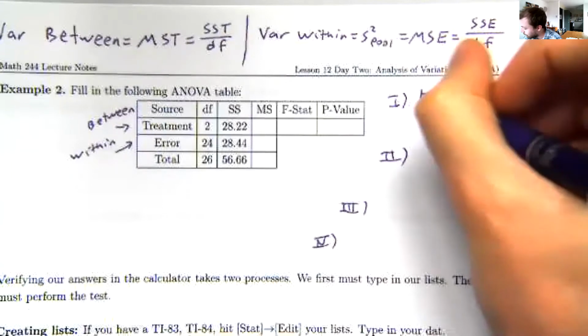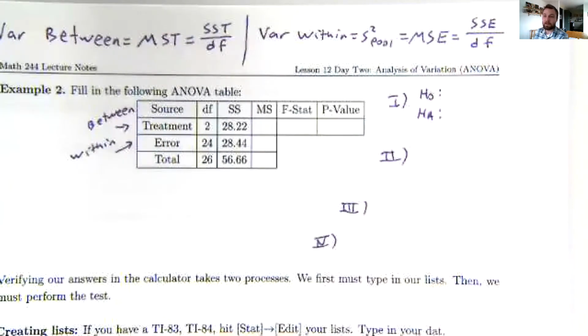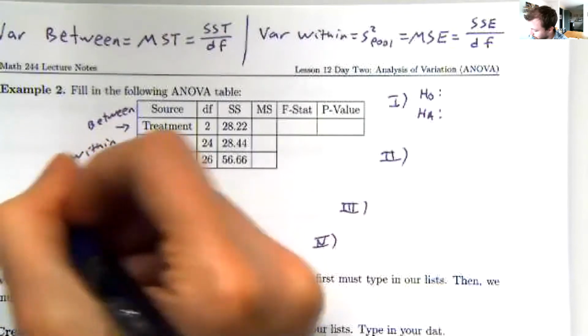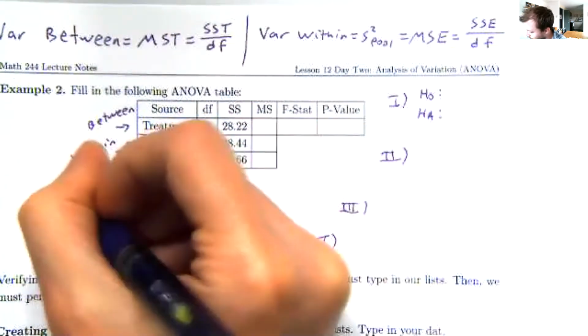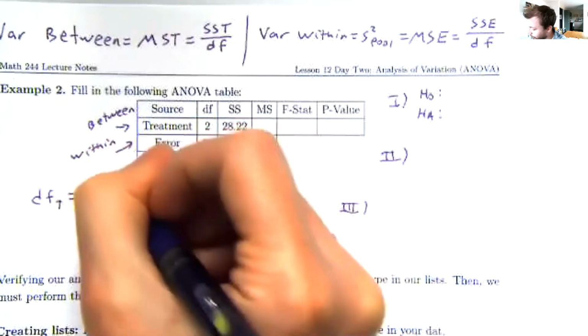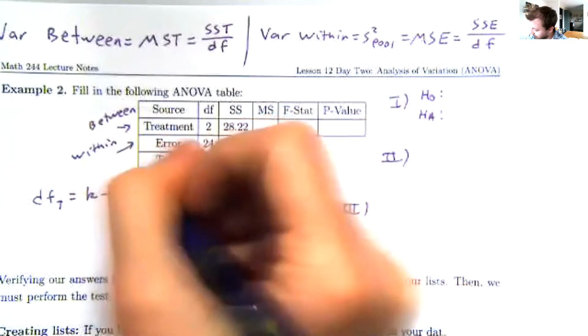So if I was thinking of what this would look like as a hypothesis test here, first step, I would have my null and alternative hypothesis. First thing I might be curious is, how many groups do I have? Well, the degree of freedom between my groups for the treatment is the number of groups minus 1. And this formula up here is saying that's 2.